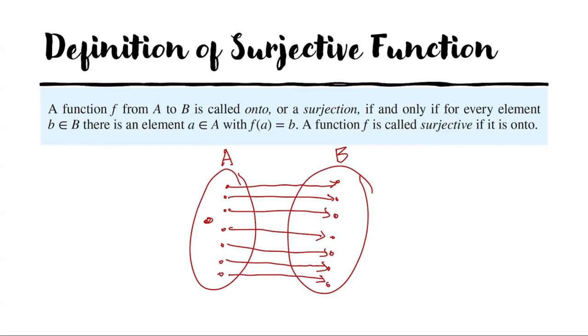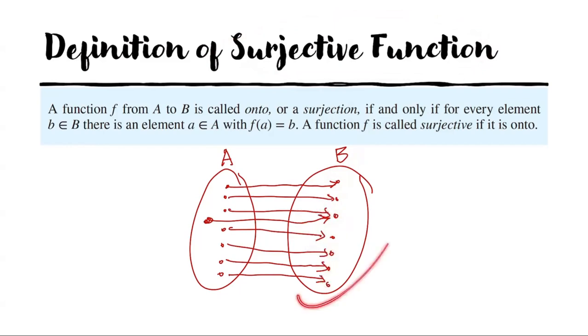If you have more elements, it's possible that some outputs have multiple inputs going to them. But when we look at surjective, we are focusing on the output. So surjective mainly checks: does every output have at least one input going to it, something that pointed to it?